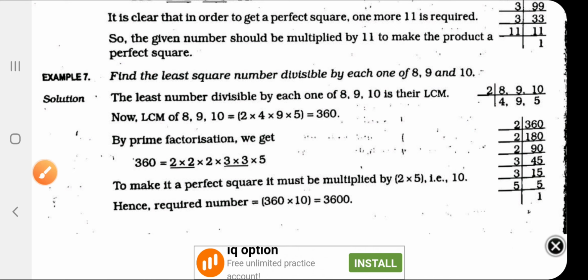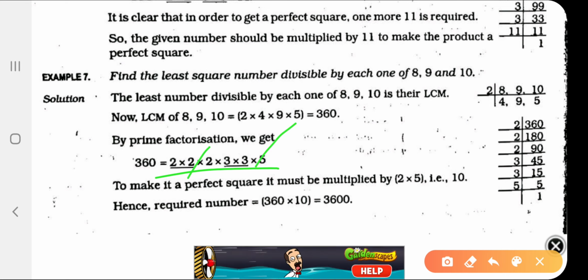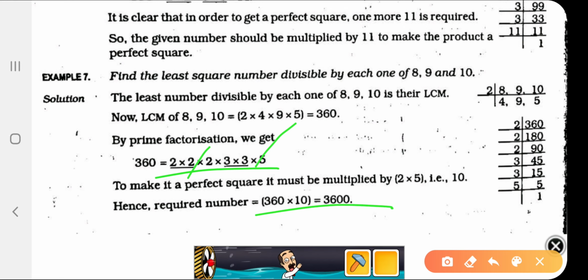After the prime factorization, we come to know that the pairs of 2 and 5 are not available, so we need to multiply 360 by 5 into 2, which is 10. So this is the number.